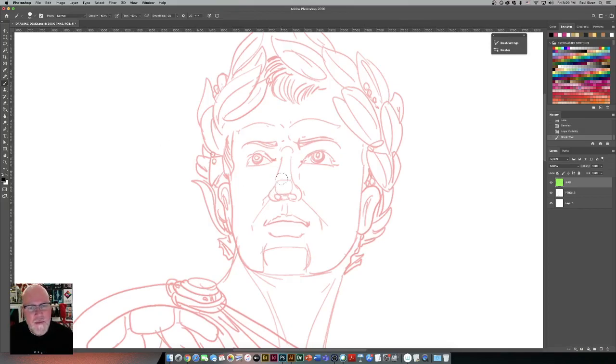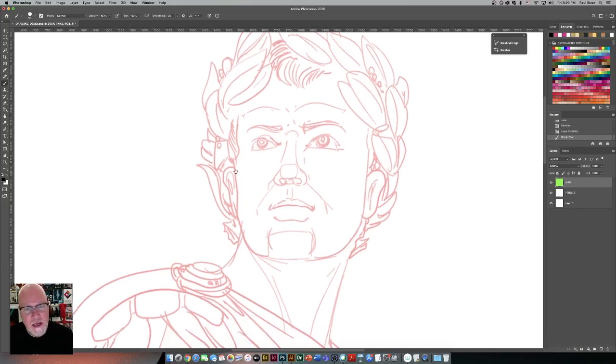So the first thing I'm going to do here is identify where the weight is, and I think what I'll actually do is start inking on this, and I'll explain as I'm going along rather than talking about what I'm going to do. So let's go ahead. All right.